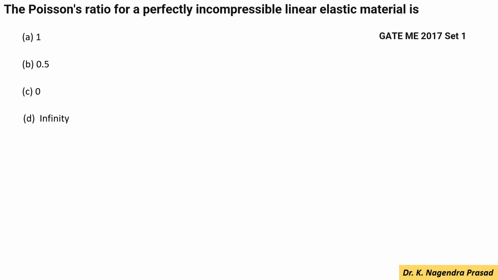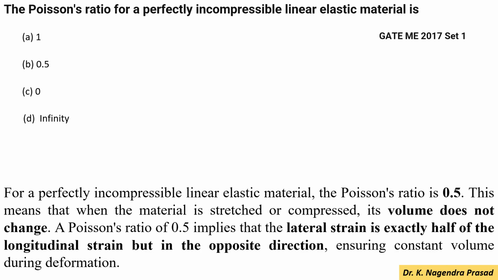Next one. The Poisson ratio for a perfectly incompressible linear elastic material is option A 1, option B 0.5, option C 0, option D infinity. So we know that for a perfectly incompressible linear elastic material, the Poisson ratio is 0.5. This means when the material is stretched or compressed, its volume does not change.